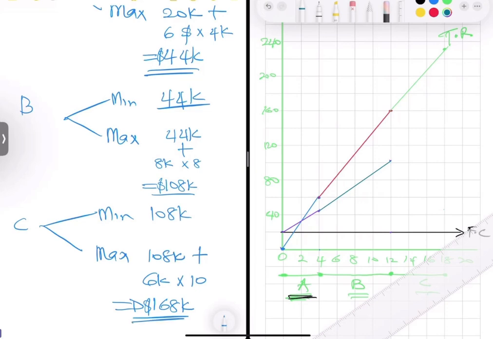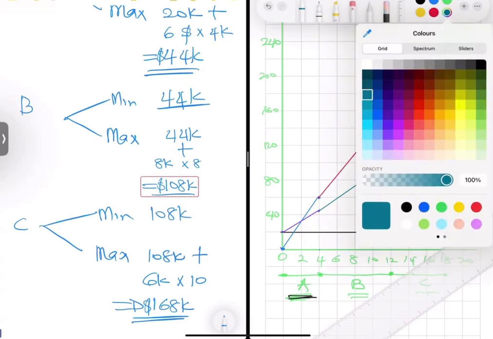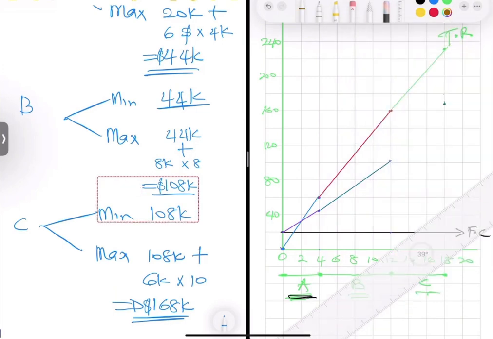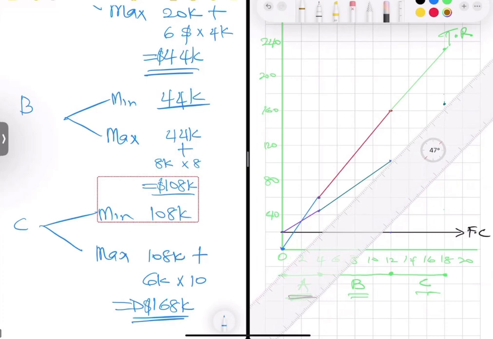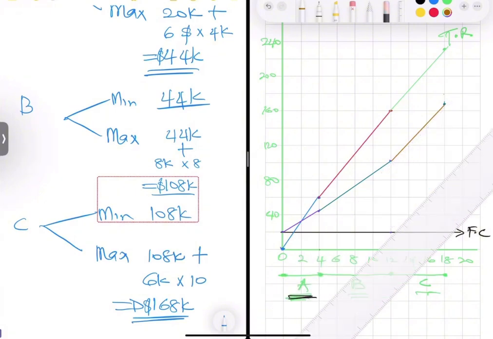So at 18,000 units, because additional 6K units of C takes us from 12 to 18, we need to go to 168, which is about, if this is 180, 170 somewhere in the middle. So I can put it there. Let me look for another nice color. Yeah, that is the graph.